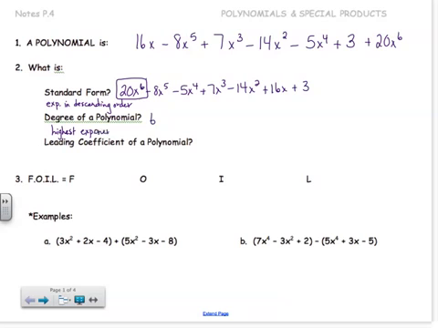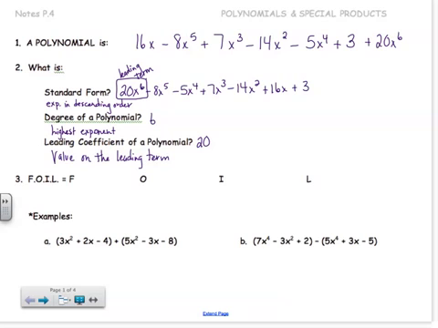And your leading coefficient of the polynomial is simply the value that you have on the leading term. So your first term is referred to as the leading term. So my leading coefficient is 20.